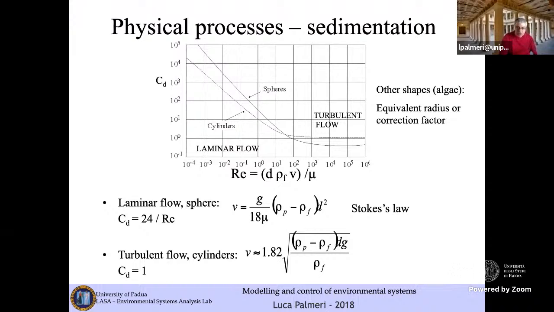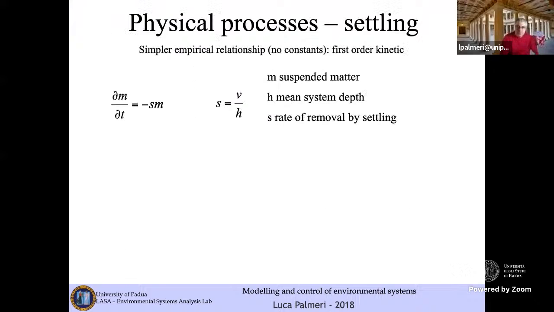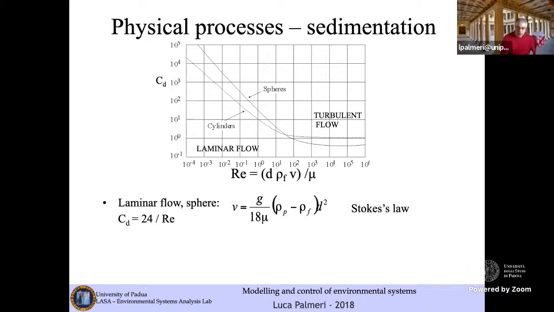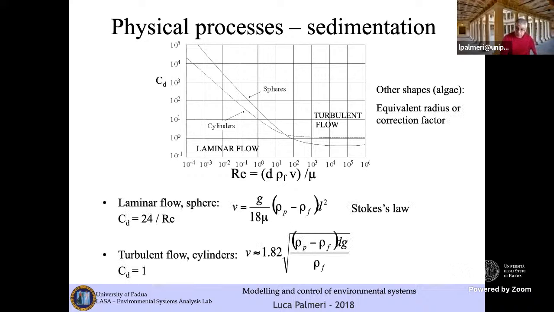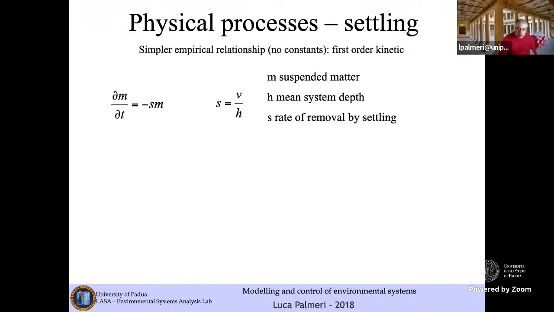In this case, we have the Stokes law and the laws for turbulent flow conditions. This is an explicit physical model derived by physics that allows us to obtain the speed of a particle. In general, we may obtain some more sophisticated description, which may be called an empirical or a simple empirical description, in which we have no constant.